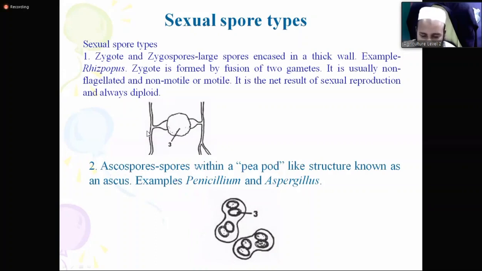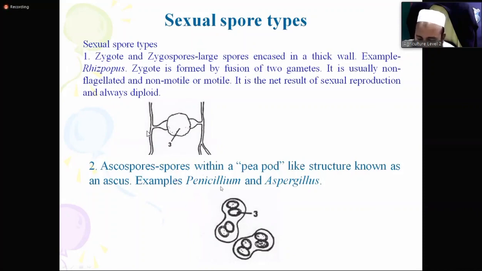So ascospore is a spore within a pea pod-like structure known as ascus. Here you can see the pea pod, an almond-like structure. Inside they produce some spores. So this structure is called ascus, and this spore is called ascospore. Examples are Penicillium and Aspergillus.